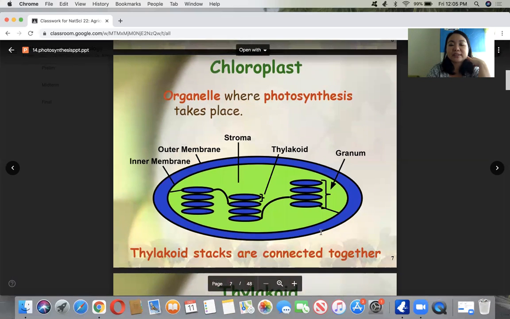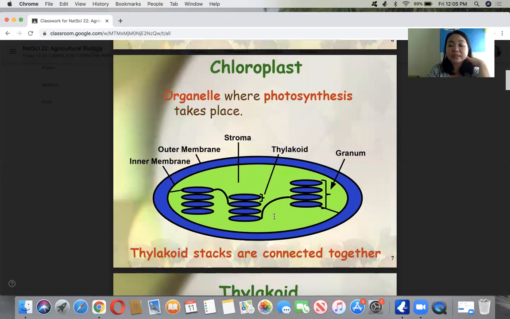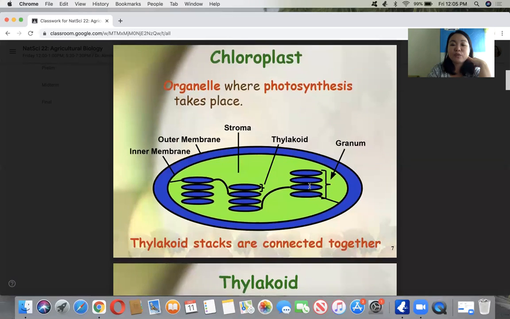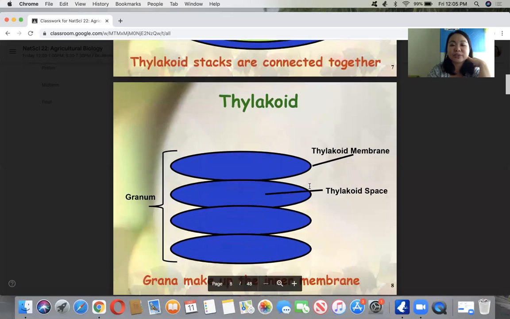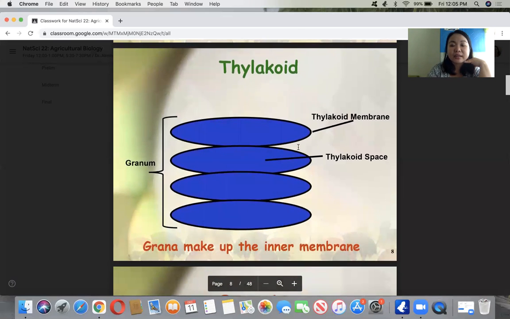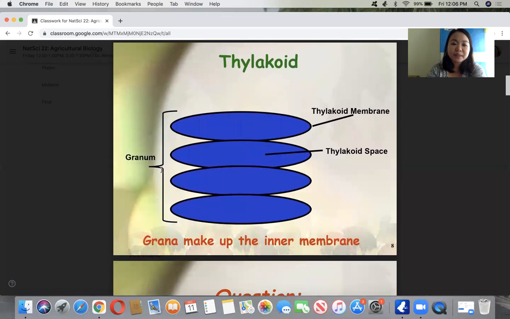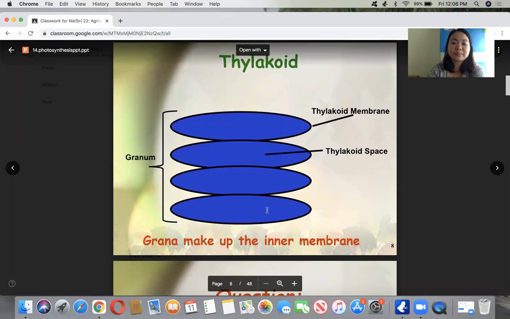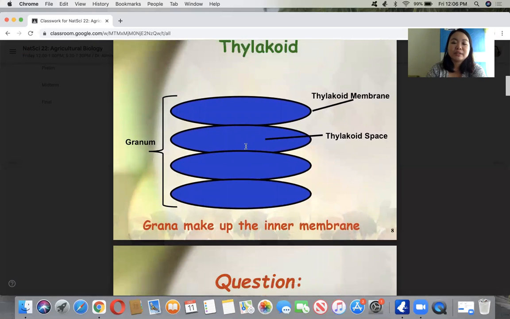The thylakoid stacks are connected to each other, and they are involved greatly in photosynthesis. This is a closer figure of the thylakoid membrane and the granum, which makes up the inner membrane.